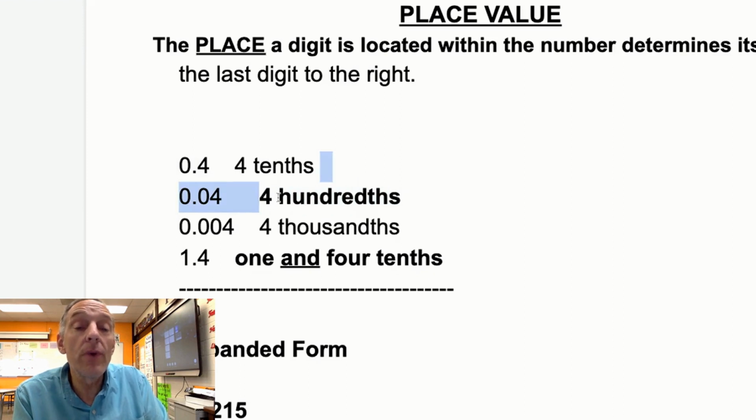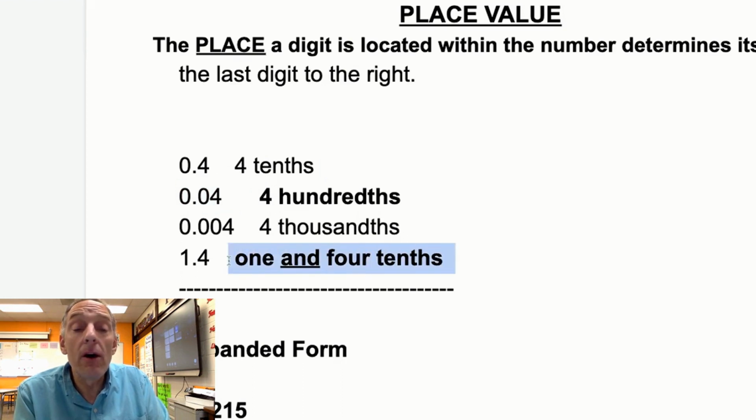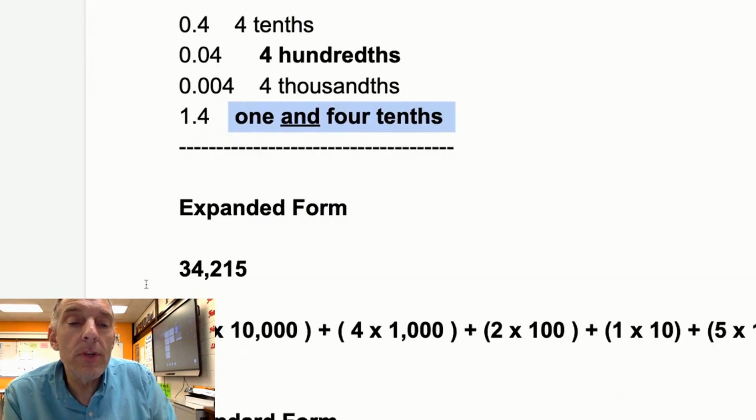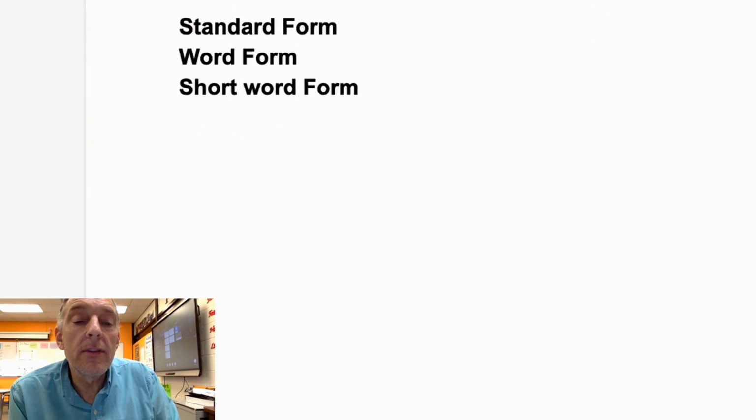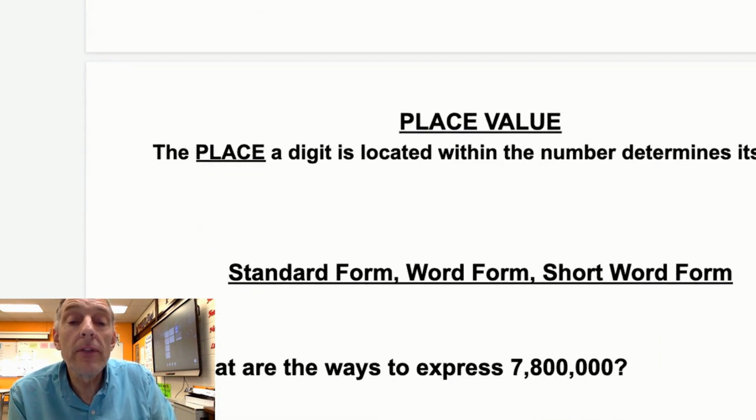So 4/100ths, you write the number 4 and then hundredths. 4/10ths, you'd write the number 4 and then tenths. Long word form or word form is when you write it out entirely in words, 1 and 4/10. That's how you would write that. So those are the 3 different ways in which you can write numbers: the standard form, the word form, and the short word form.